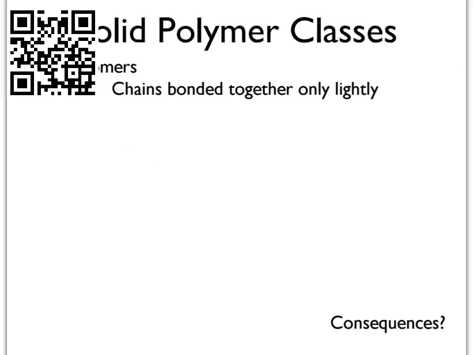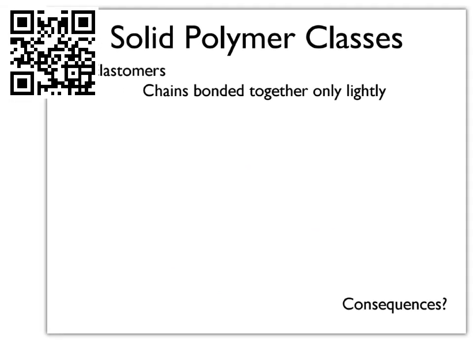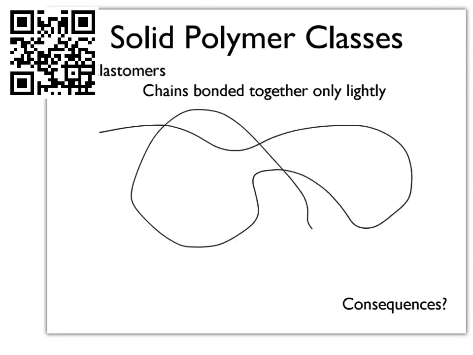Right, and then we also have what we started out with, which is elastomers, in which we have these polymer chains. And again, going back to Goodyear, we have a few sulfur bonds here and there.